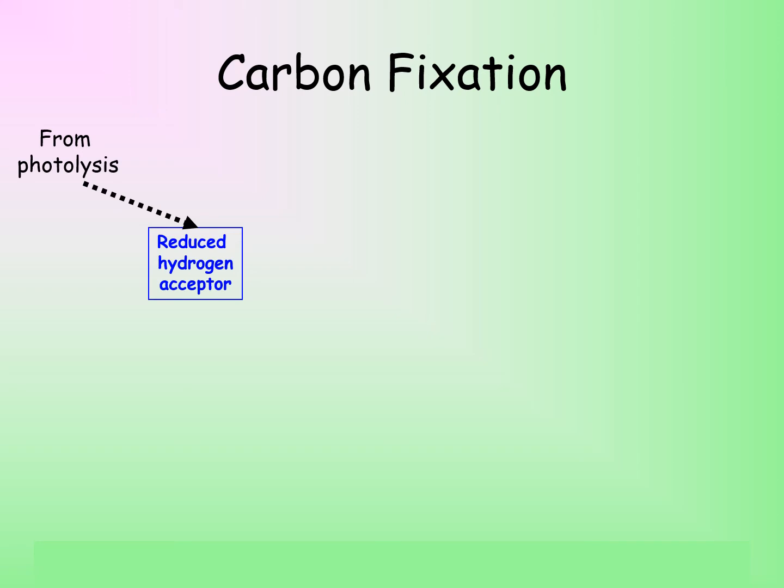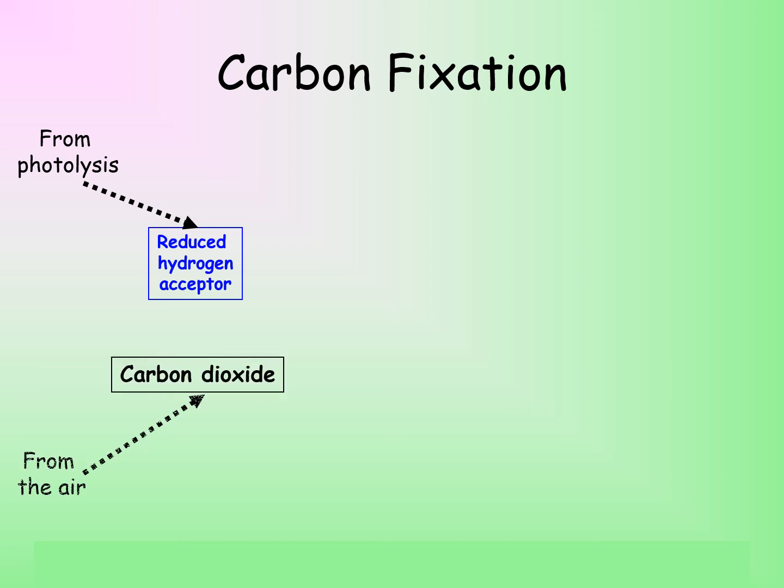So basically what's happening here is carbon dioxide is going to combine with the hydrogen from photolysis to form glucose sugar. So here we've got carbon dioxide from the air, and that's coming in through the stomata. And we've got hydrogen from photolysis. Remember, we split the molecule of water, H2O. We've held on to that hydrogen.